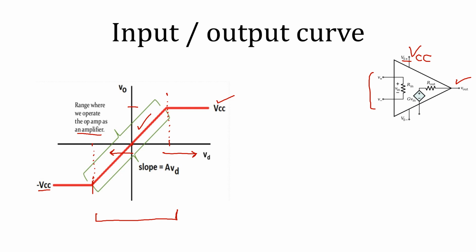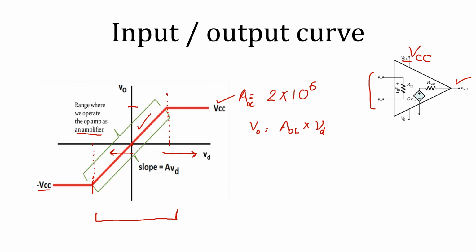So let's do one numerical calculation and see its importance. We know that its gain is usually 2 into 10 raised to power 6, since this is in open loop condition, so its open loop gain AOL is 2 into 10 raised to power 6. V out will be AOL into VD, or V in, the differential voltage.